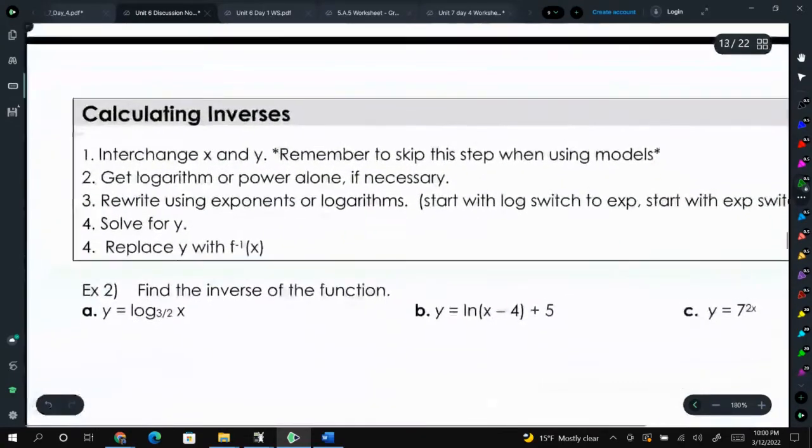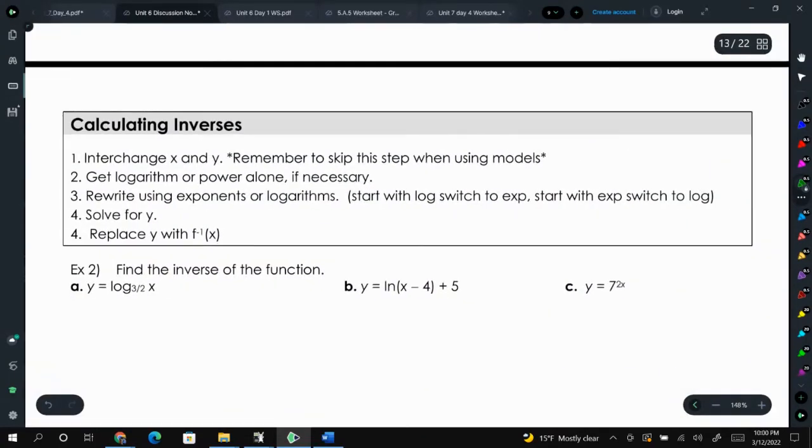Now on the next page here, we're going to be calculating inverses. And remember, when we did inverses before, we switched x and y, and then we would try to get y by itself. The same idea is going to happen here. We're going to switch where x and y are, but remember, when you're working with word problems, we don't do that because we also change the meaning of the word problem when we do that.